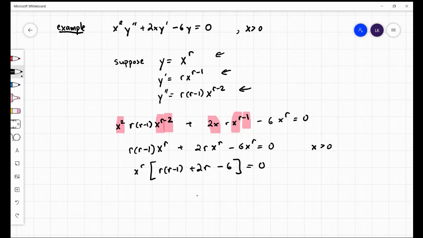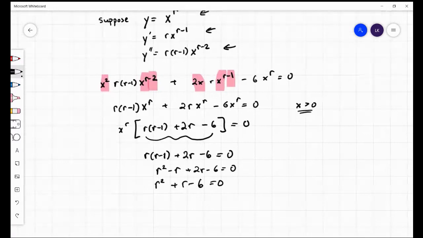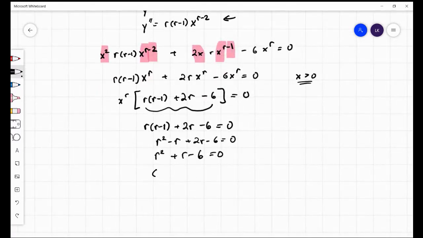And so we see that x to the r is not 0 because of this condition. So it must be true that this polynomial, this quadratic in r, must be 0. And we go ahead and try to find the values of r that solve this equation. Here I can either use the quadratic formula, or I can just factor for this simple problem.